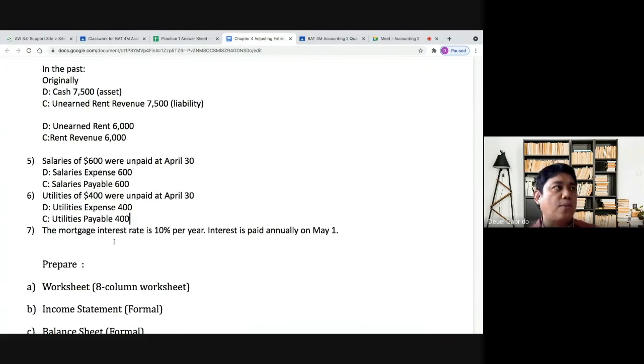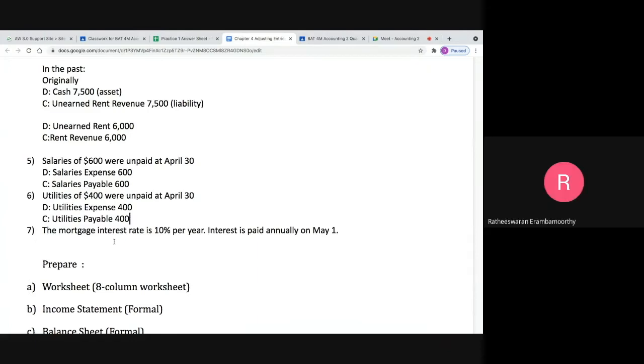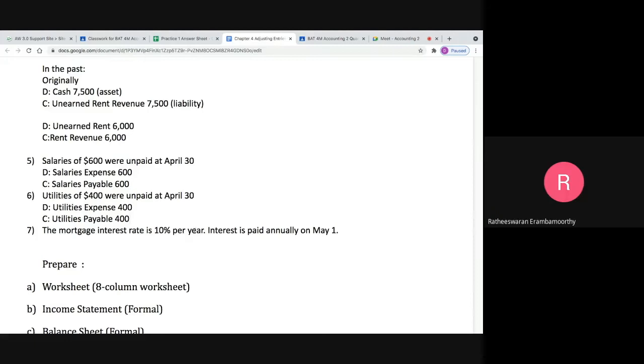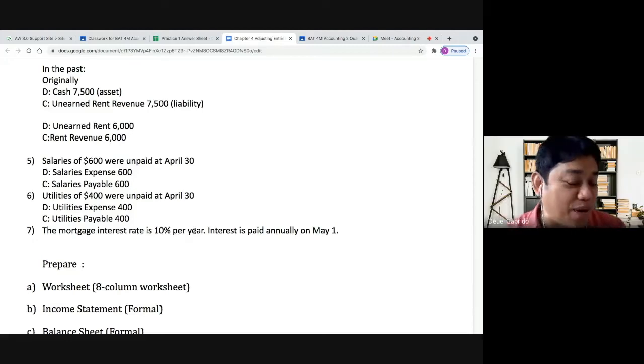My question here is based on this statement on number 7. Have we paid the interest on mortgage on April 30th yet or not? The answer is no. I think somebody said no, right?